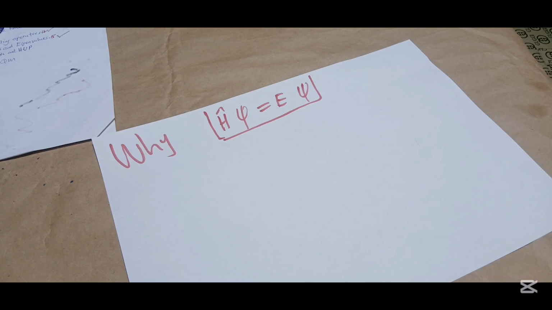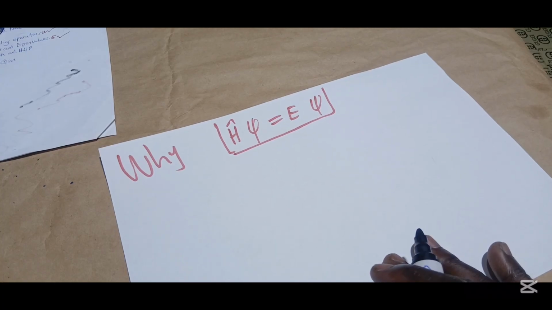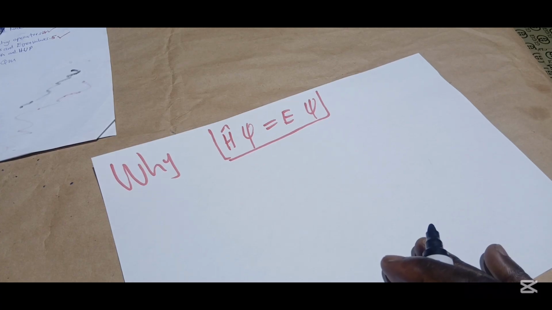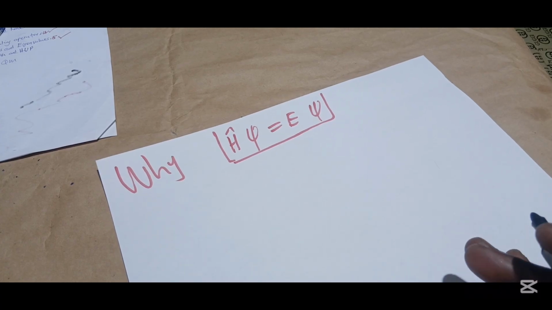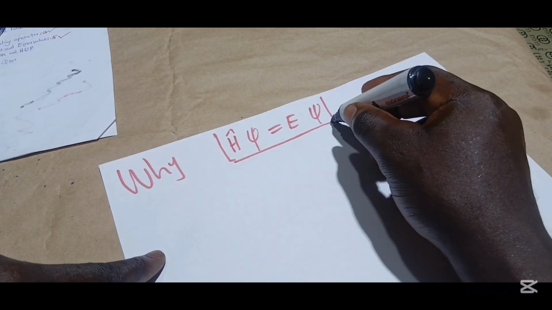So every operator, every observable, and we said an observable is something that we can measure, for instance momentum, position, energy, which can be kinetic energy or potential energy. So in quantum mechanics, the observables that we measure are generally in this form.